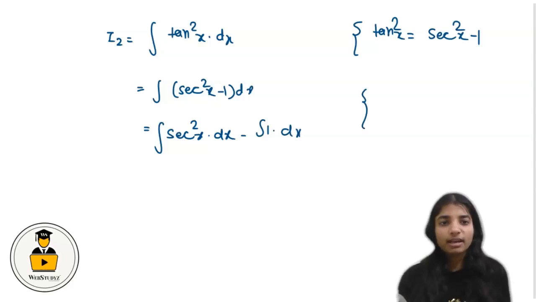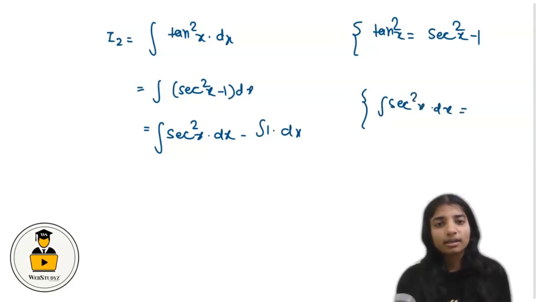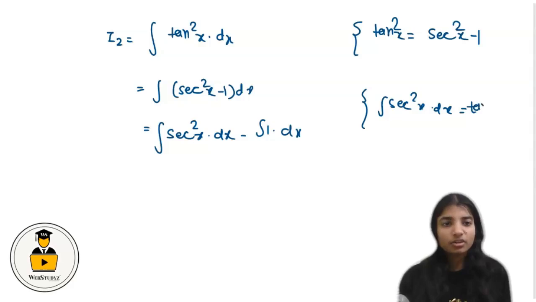And we know that the integral of sec^2(x) dx is equal to tan(x) plus c, minus the integral of 1 with respect to x, which is x. Let's say this is c2 and this is c3.